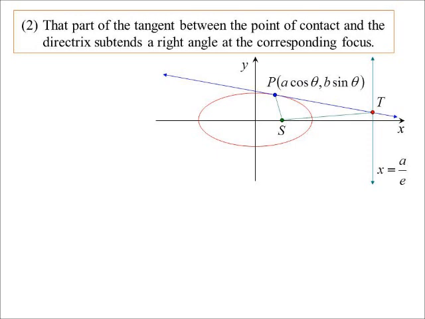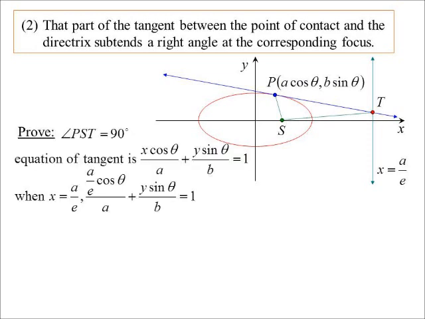That part of the tangent between the point of contact, P, and the directrix, T, subtends a right angle. You get 2 points, join up to a third point, that being the focus, and it subtends a right angle. So in other words, PST is a right angle, that's basically saying.